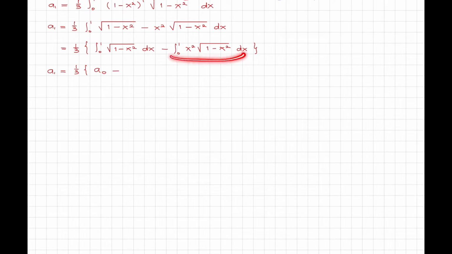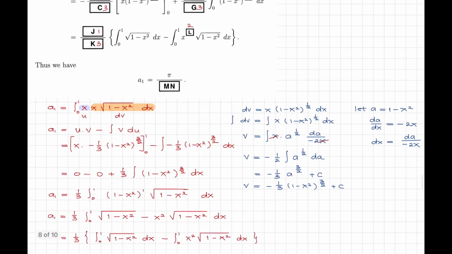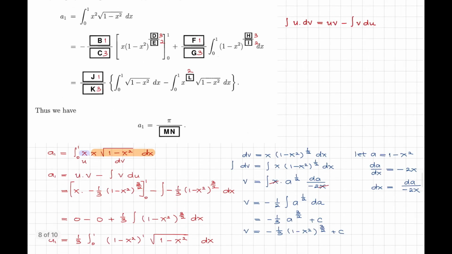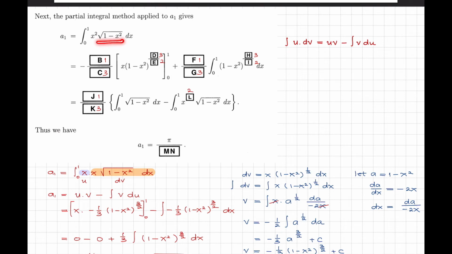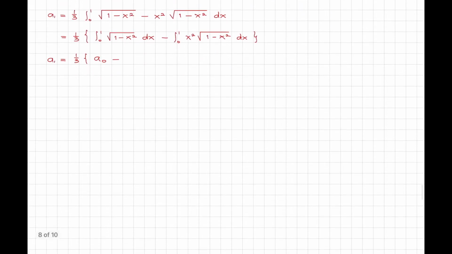Minus, how about the second one? If you remember the second expression, the second expression is A1. It's the same, right? x squared, square root of 1 minus x squared. So our second expression here is A1.